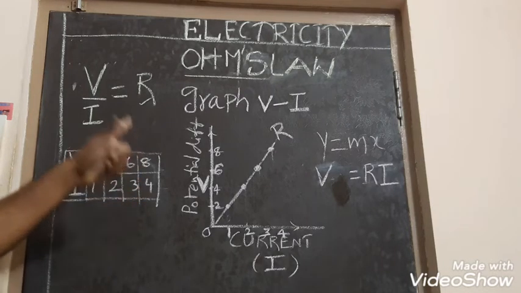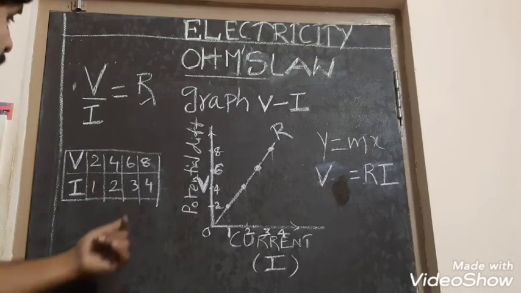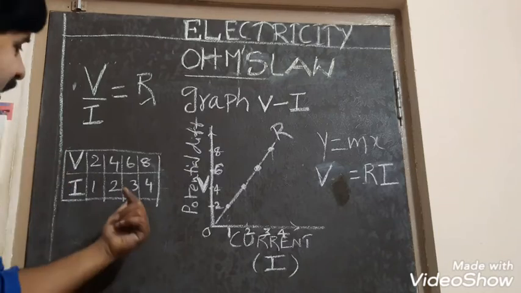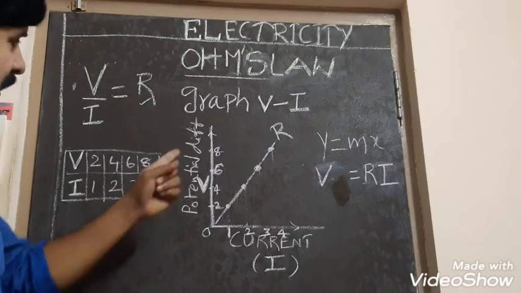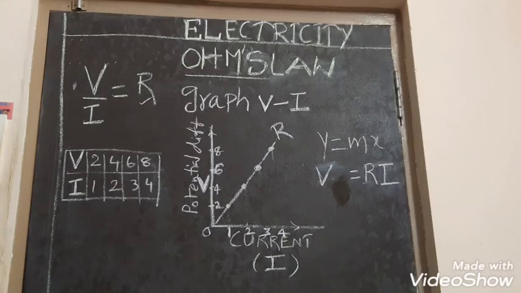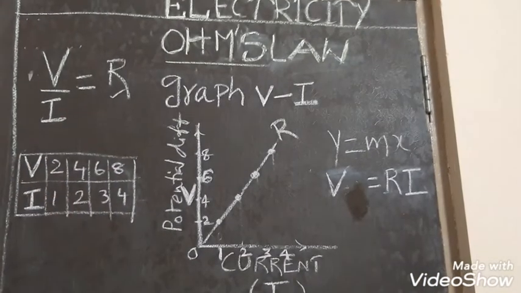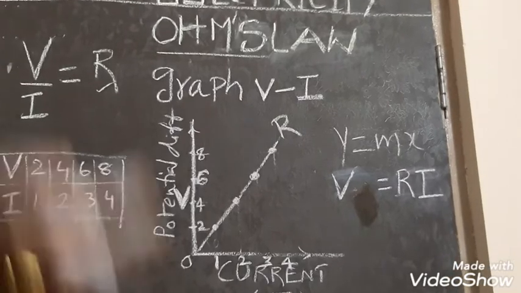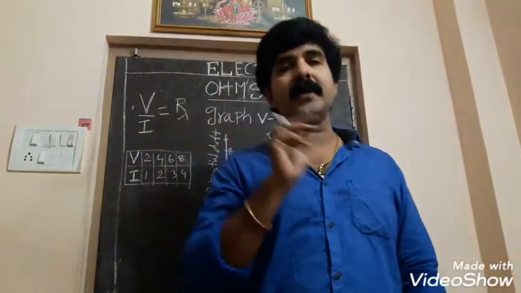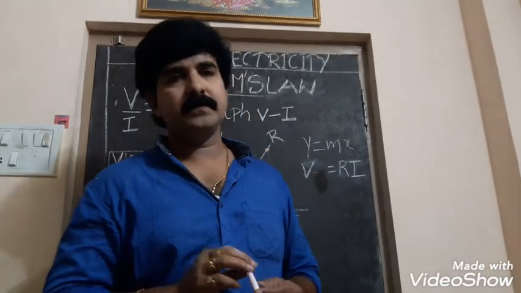Then you increase the battery to 6 volts, and the ammeter reads 3 amps. Like this, at 8 volts potential difference, the ammeter shows 4 amps. Now we were asked to find how much resistance is being offered by the resistor in the circuit.